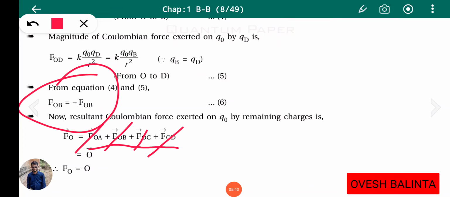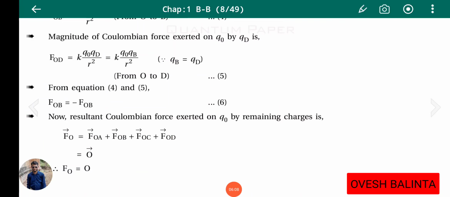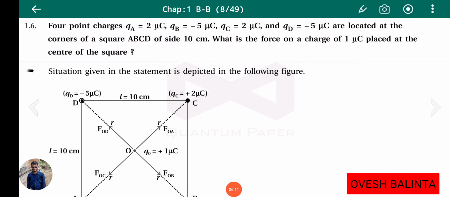F0B is equal to minus F0D, so they also cancel. So both cancel each other, and we have the resultant force F0 equal to 0. Clear?